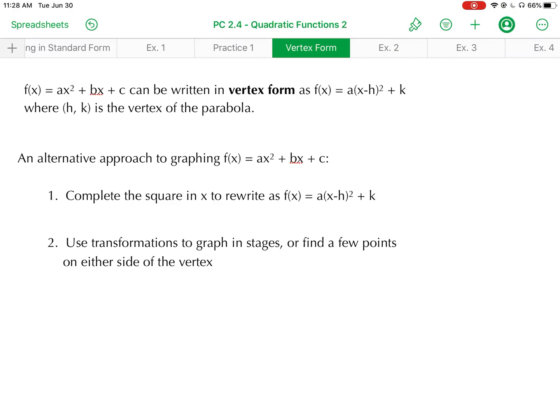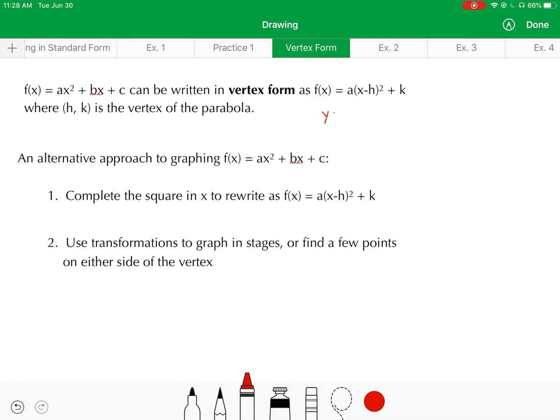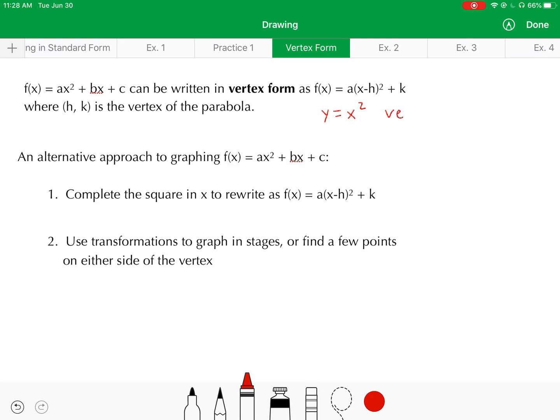Understand that this relates very closely to our transformation rules from Unit 1. So think of it like this. In our library of functions, we have y equals x squared, which is the most basic parabola that you can have. Its vertex is the point 0, 0, right?